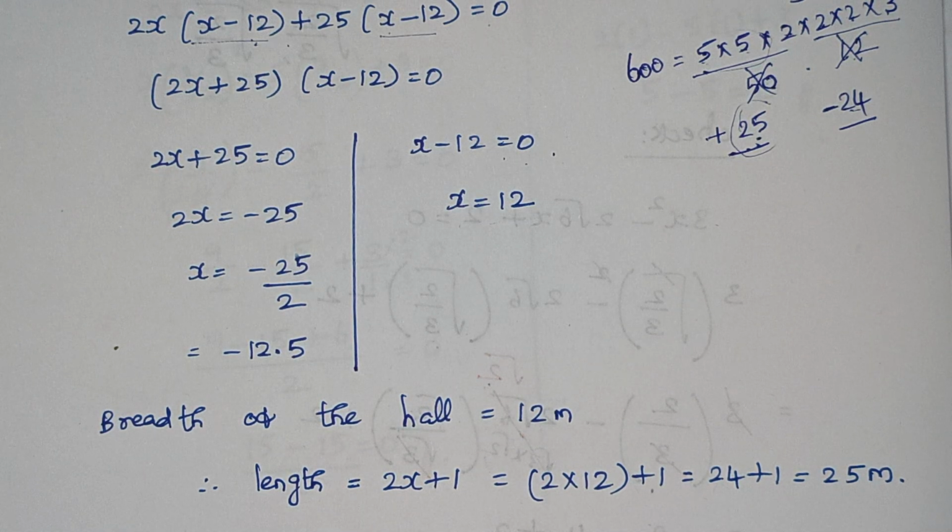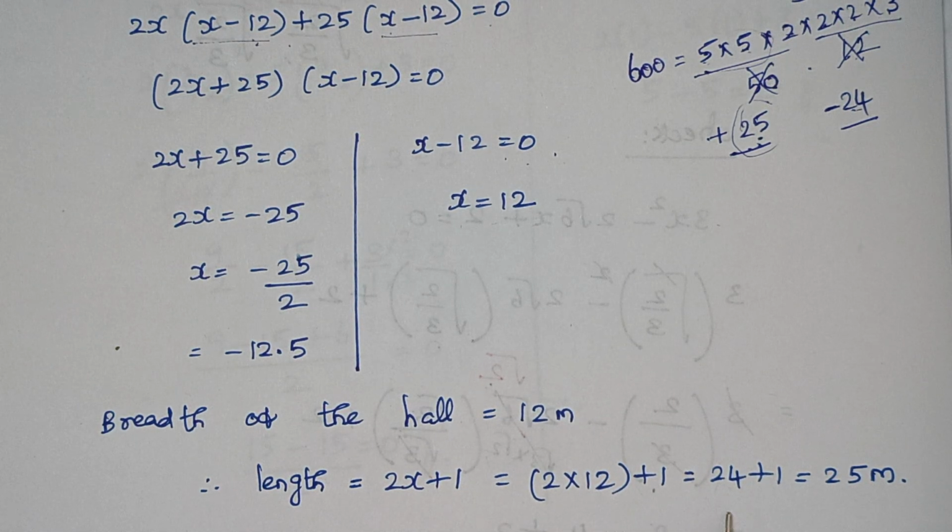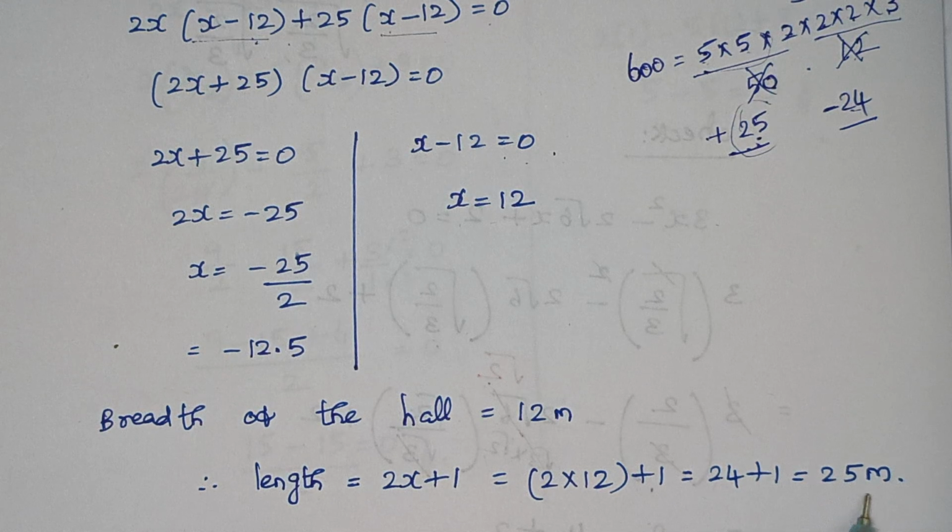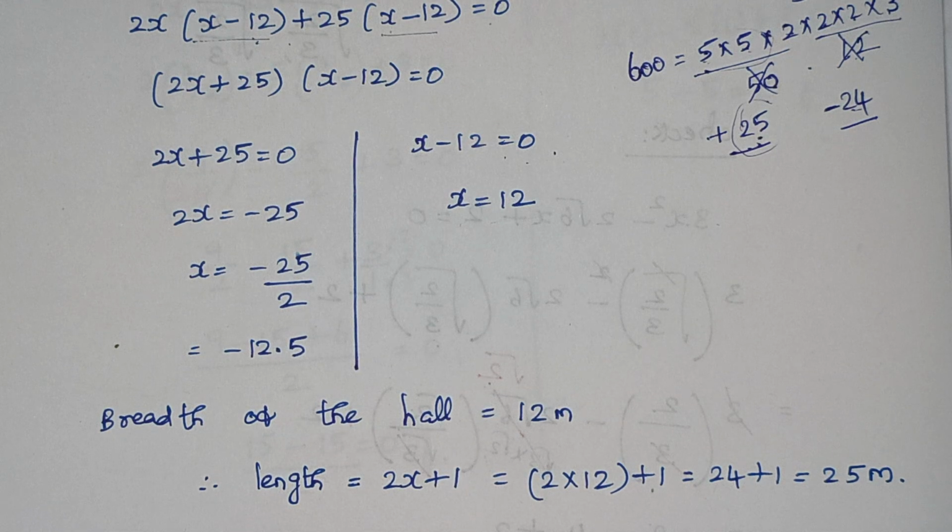It is 12. So, 2 into 12 plus 1. So, 2 12s are 24. So, 24 plus 1 equal to 25 meters. So, the breadth of the hall is 12 meters and the length is 25 meters. So, when you multiply these two terms, you will be getting the 300 meters square.